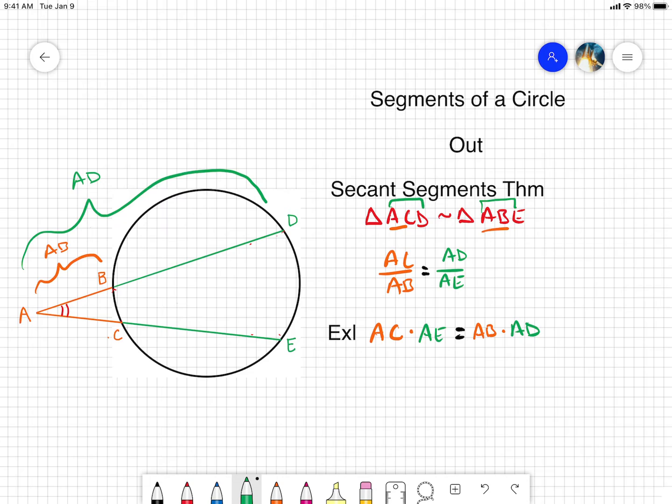So I have the little section outside times the whole thing. And that's going to equal the little section outside times the entire thing. Okay? So that's what we have to be careful about.